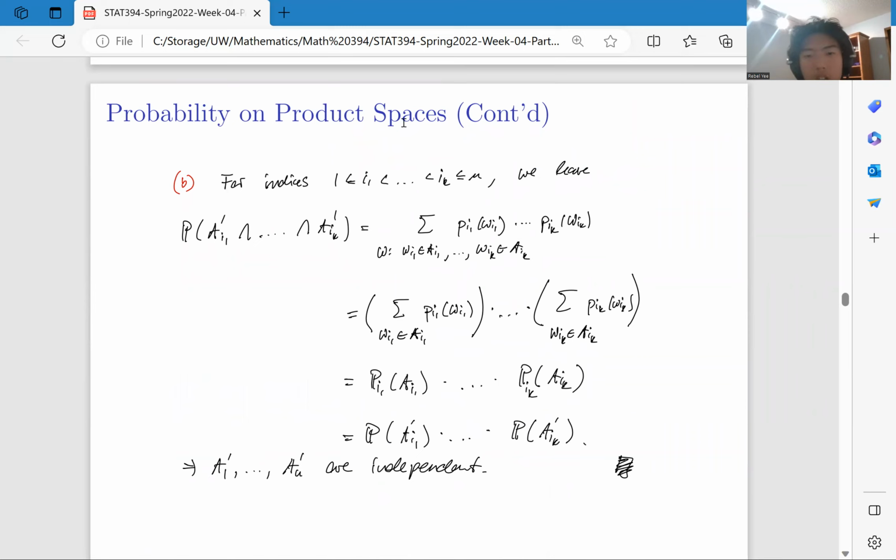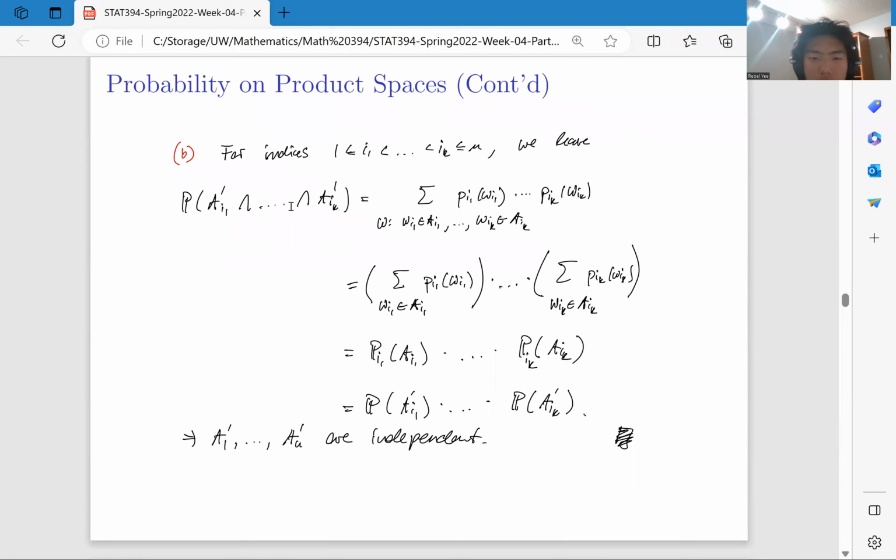And so we just want to say for any indices 1 ≤ i1 < ... < ik ≤ n. So this means we are picking randomly selected indices between 1 and n, not from 1 to n, but any combinations and selections of the indices from 1 to n.